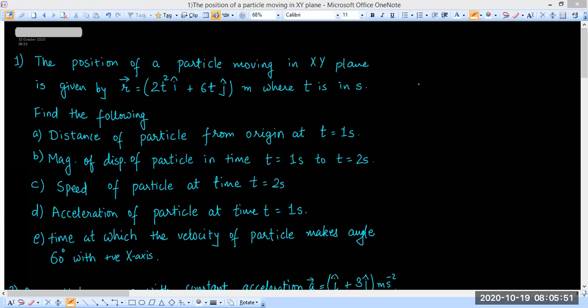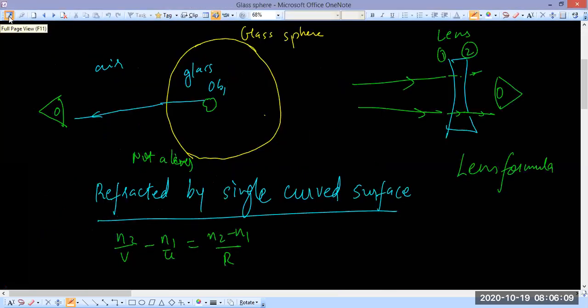So r vector is given as 2t square i caret plus 6t j caret, right? And we have to find the following. So first, just give me one moment. Okay, all of you can see the screen?